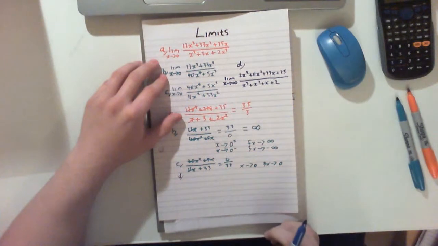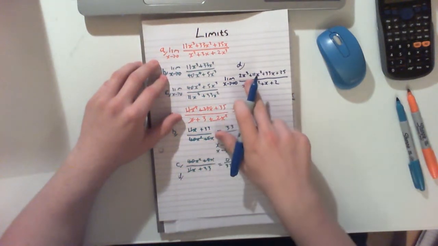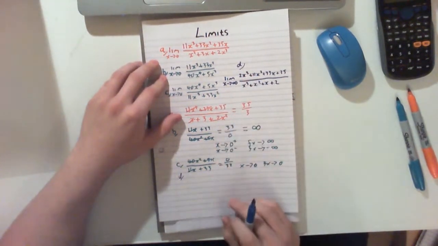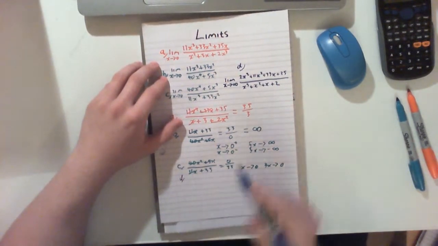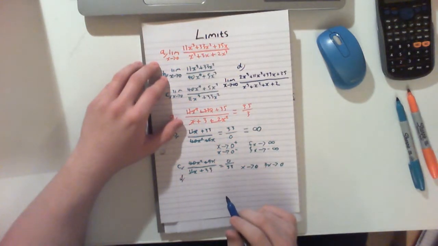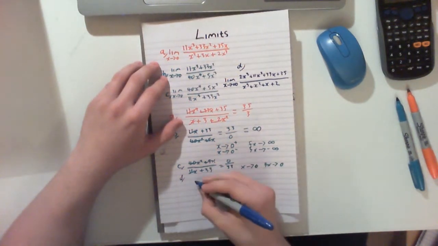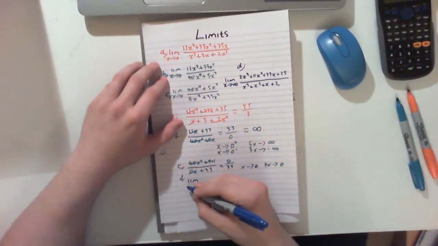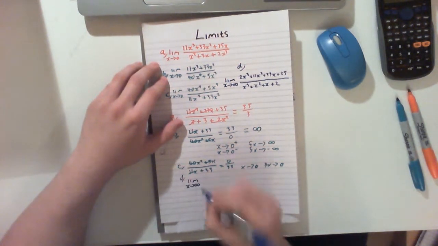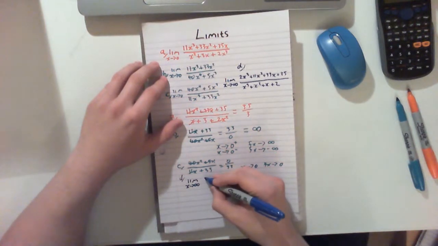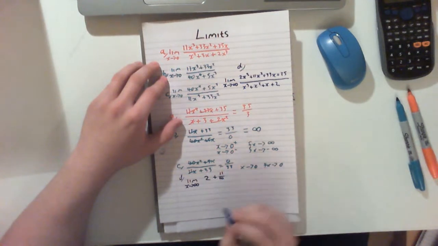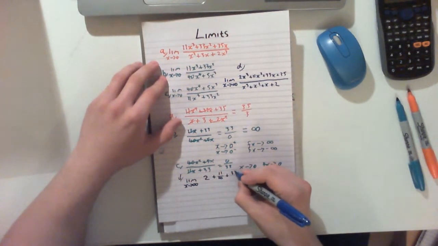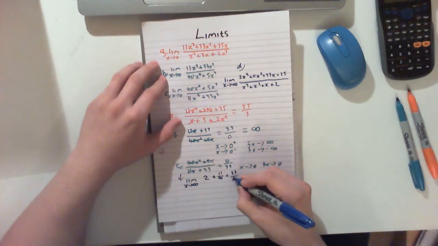So what we're now going to do here is get rid of these higher terms, and along with them all of the other terms. So we're going to divide everything in this by x cubed. So we're left with the limit of x going to infinity for 2 plus 11 over x plus 33 over infinity squared.